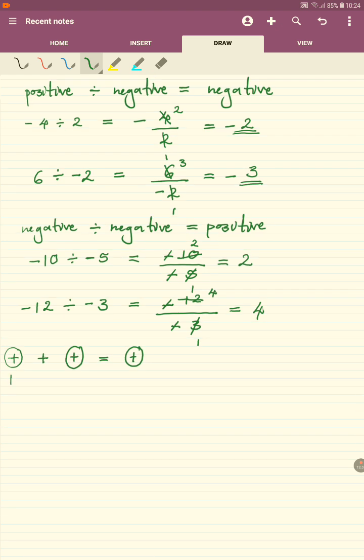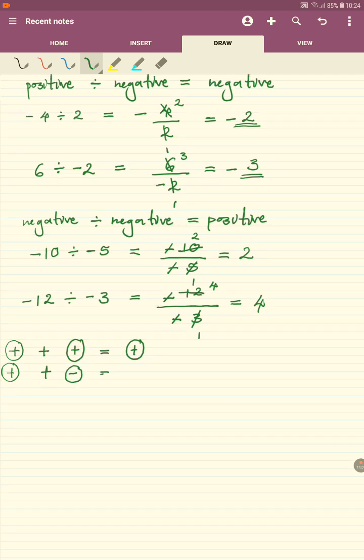A positive number plus a negative number can give you a positive answer or a negative answer, depending on which digit is bigger. If the bigger digit is negative, your answer becomes negative. If the bigger digit is positive, your answer becomes positive.